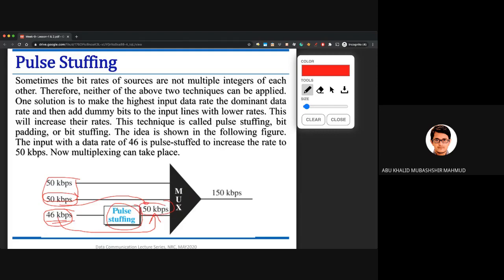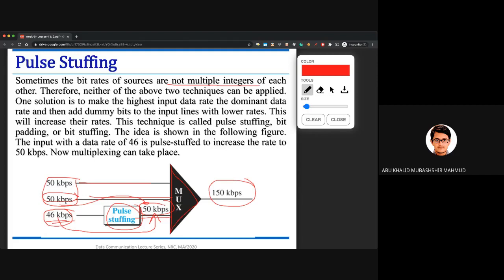We add some dummy bits and then we use these inputs together to form the output as a whole. This is what happens in pulse stuffing scenarios when the input channels are not integer multiples of each other. If they're not integer multiples, then we use this pulse stuffing method to format them, and they can be used in multiplexing techniques.